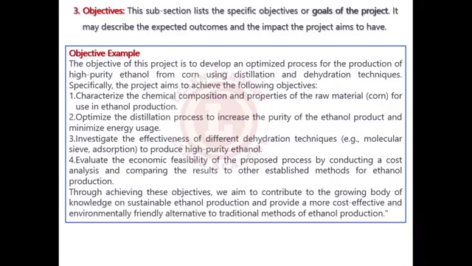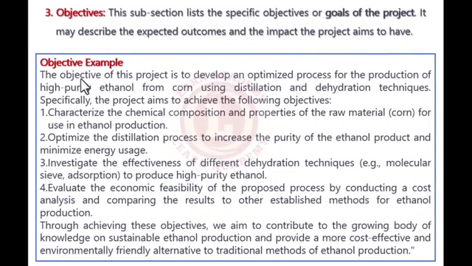So this is an example of objective under the introduction. You can see we have: the project aims to achieve the following objectives. Number one, characterize the chemical composition and properties of the raw materials for use in ethanol production. Two, optimize. You can see I'm listing out all the objectives.